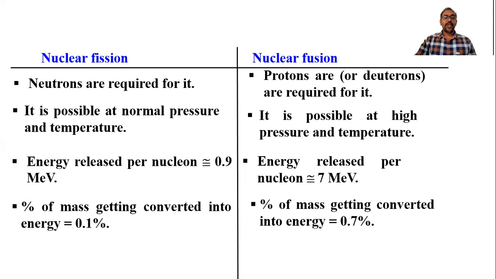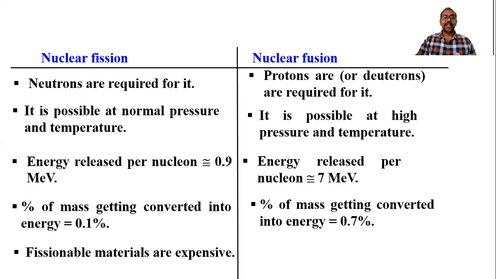In nuclear fusion, lighter nuclei are there, so more mass is converted into energy: the percentage is 0.7%.